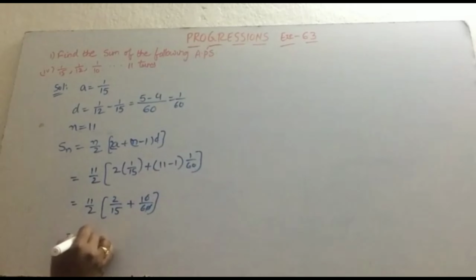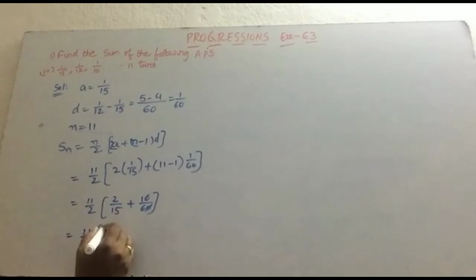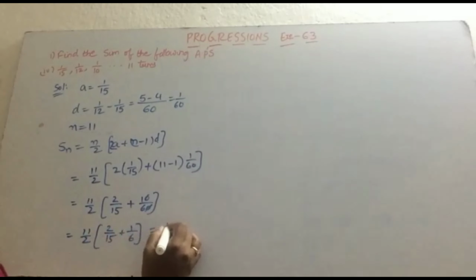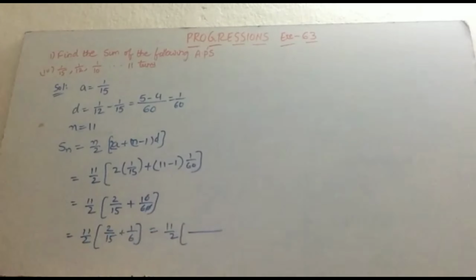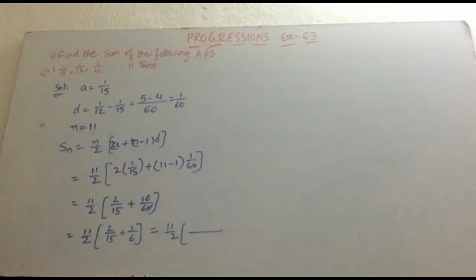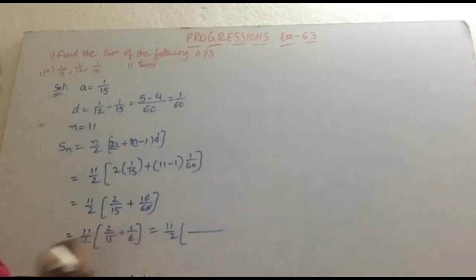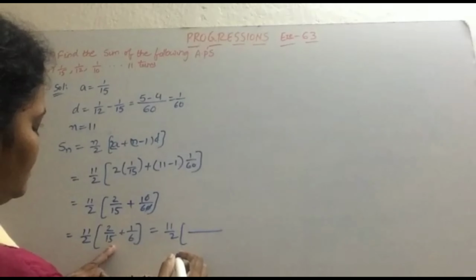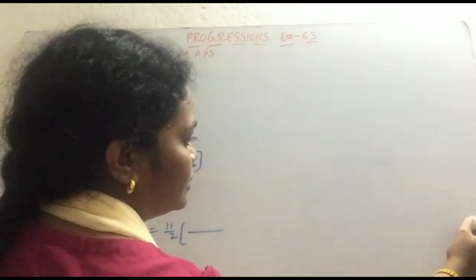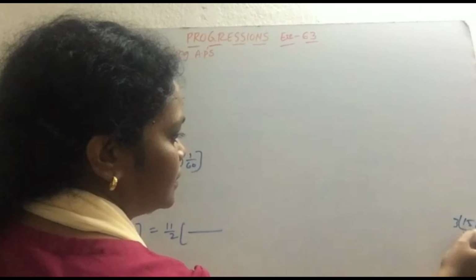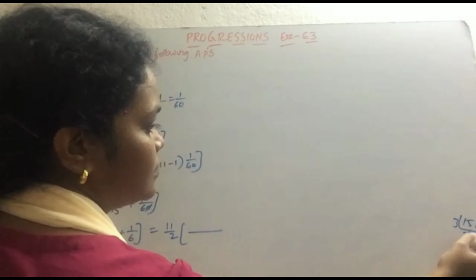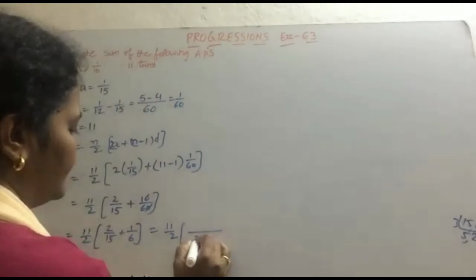So that is equal to 11 by 2 into 2 by 15 plus 1 by 6. So 11 by 2 into, here 15 and 6, LCM is 30.